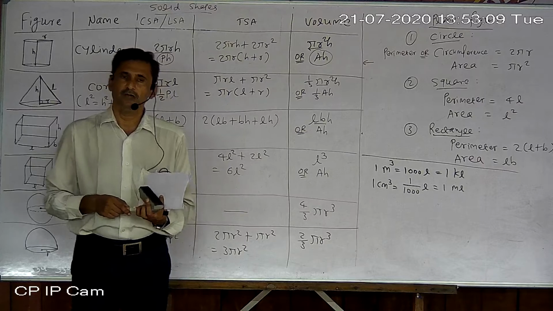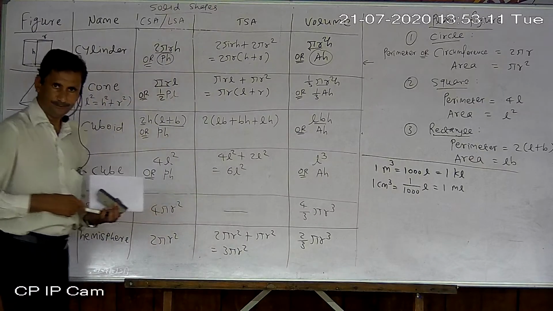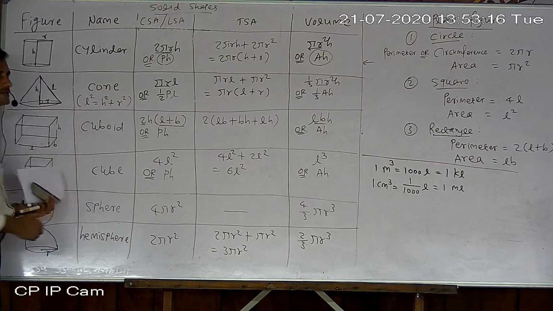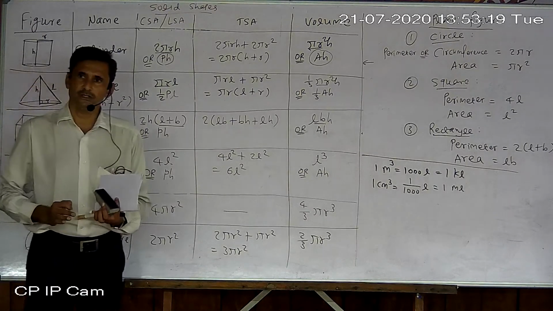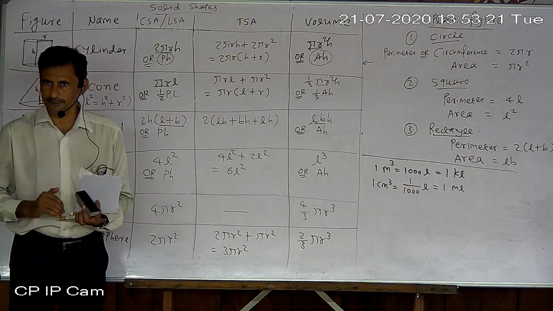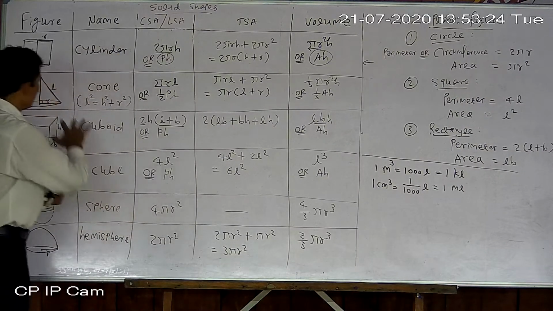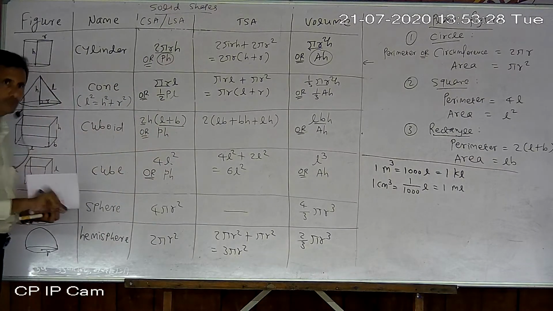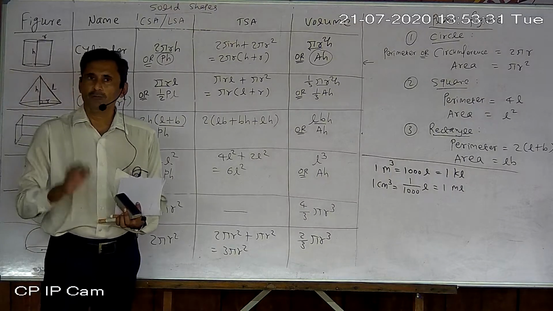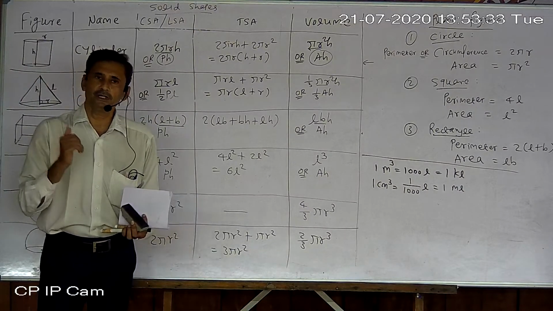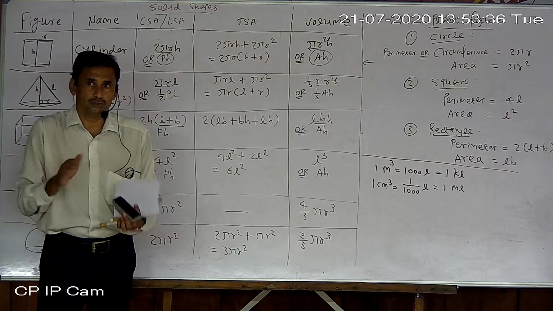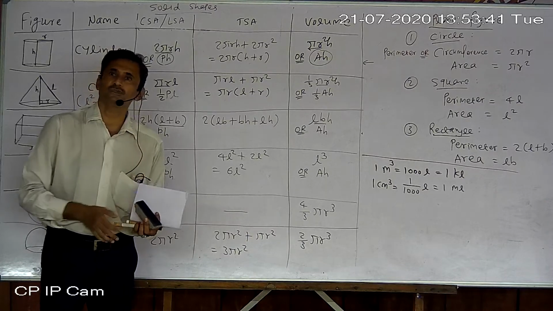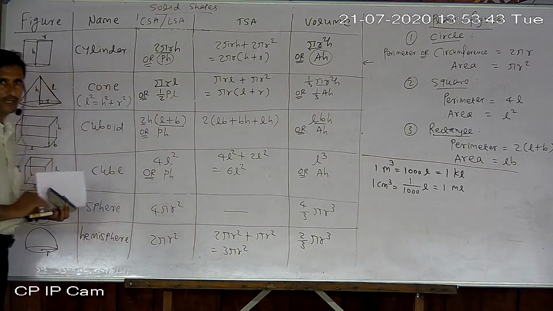So for now we will not include the frustum of a cone. Now all these solid shapes you already studied in standard 9, and you used them also. But the difference is that here in 10th standard there may be a combination of more than one shape, and in standard 9 only one shape was given. Okay, so that is the only new thing.